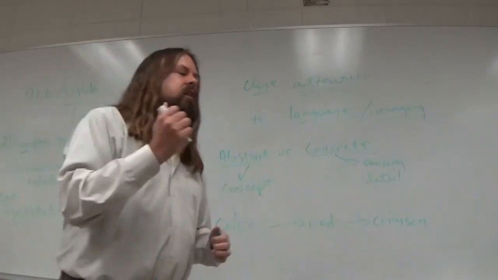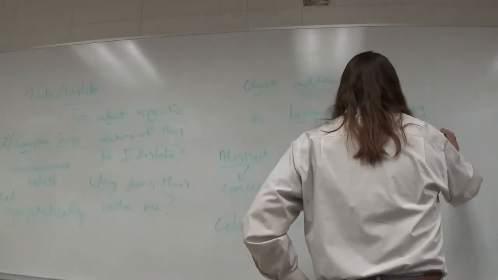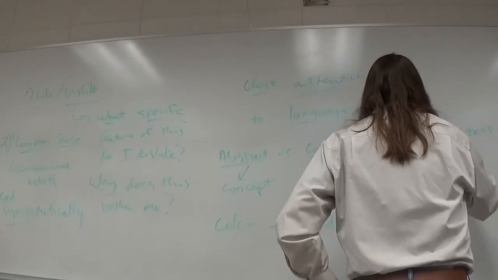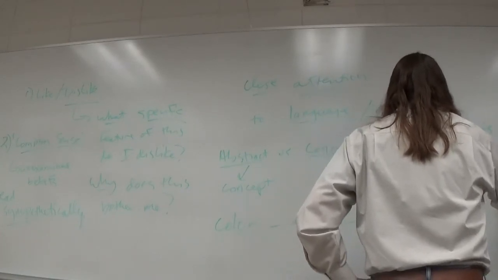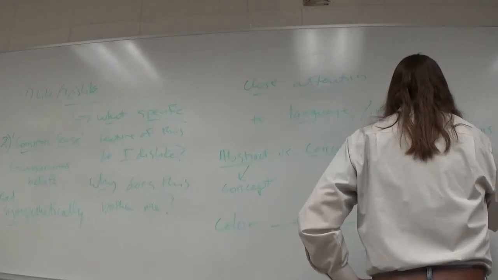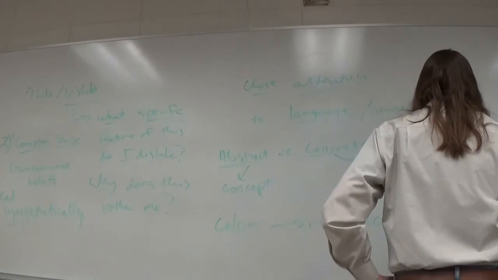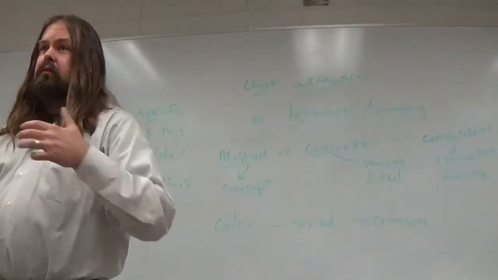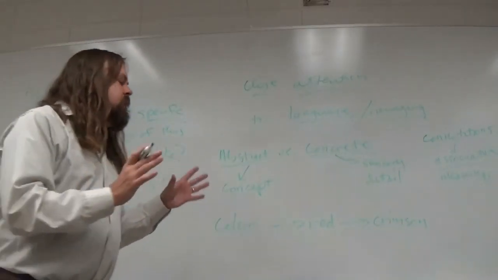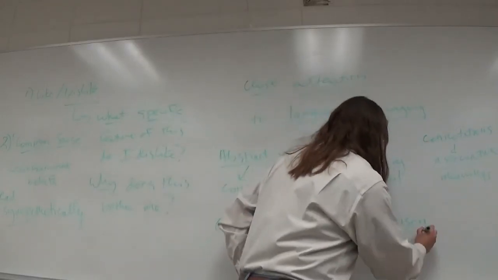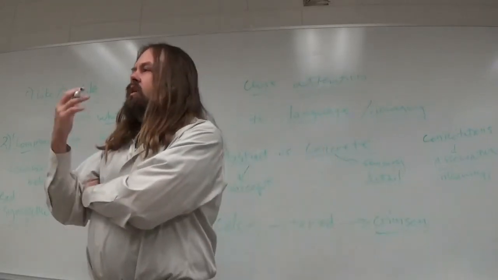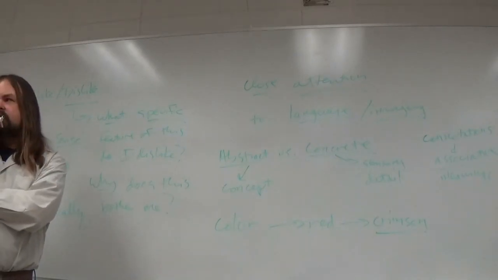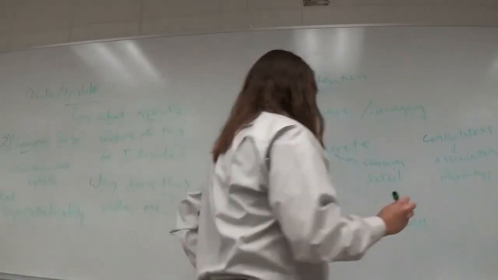So we call these connotations. They're concepts that we associate with a particular word. So what connotations, what associations do we have with a word like crimson? What sorts of things does this word call up for us? Blood. Blood, yeah.